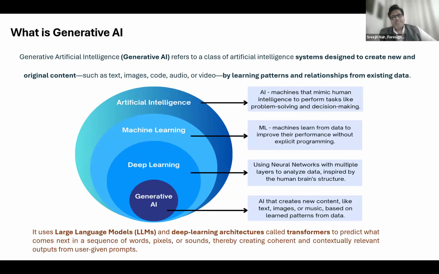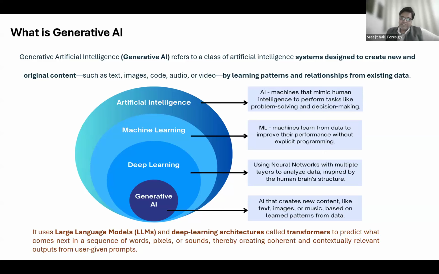So we can say it is original because, say, if it is an image generated, it is something that never existed before. It can be learnt from an existing image, but it didn't exist before it was created. Same is true for text. So that way, what it's creating is original content. It can create text, images, code, audio, and video, and it does so by learning patterns and relations of existing data.